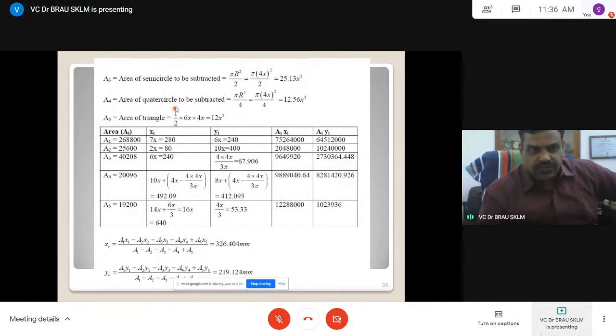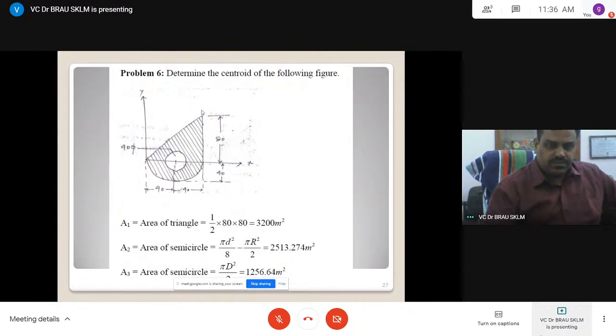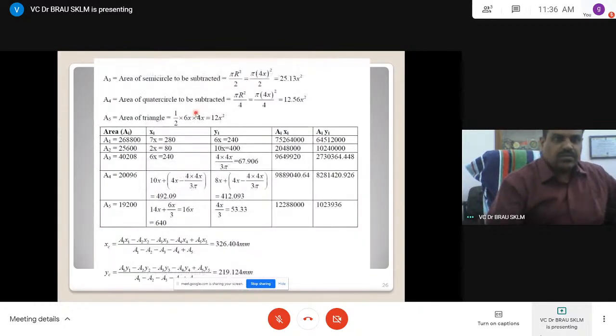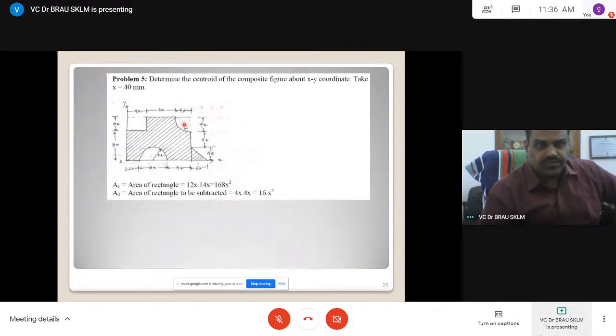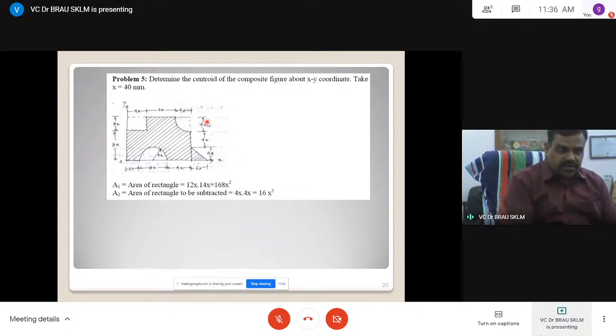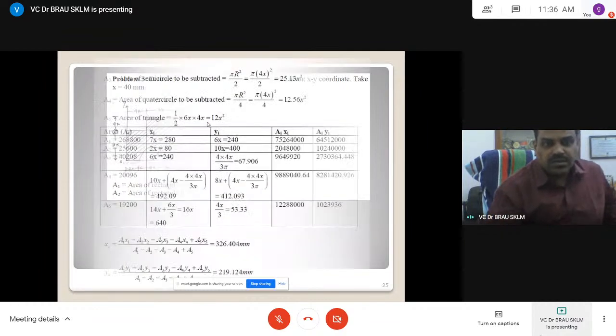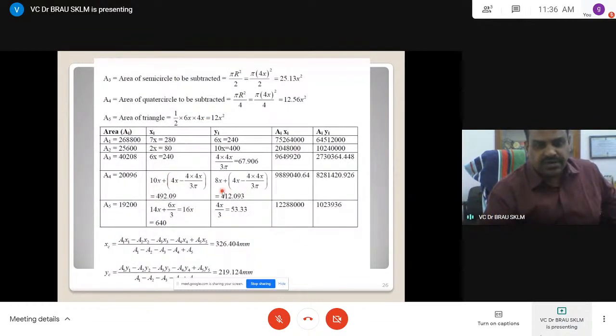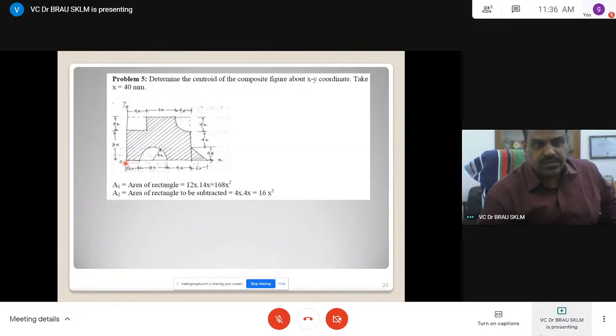This is what? A4 is the area of quarter circle to be subtracted. Okay. This one. Here 10x plus this. Or you calculate the center of gravity from here. You can start like that and solve. This is what 10x and 8x. 4 plus 4, 8x.